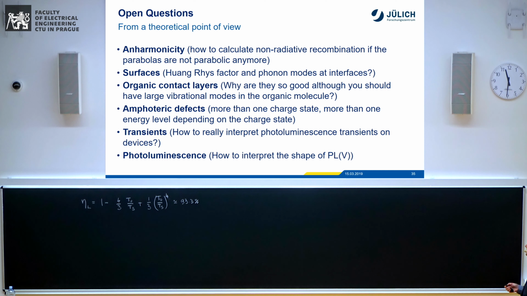Okay, then next question: amphoteric defects, more than one charge state, maybe more than one energy level. There's lots of literature on, for instance, gallium nitride. If you take this theory and apply it to gallium nitride, the result would be that no matter how many defects, it's always fantastic, just because the band gap is so high.